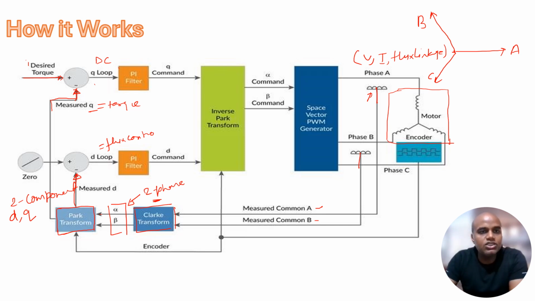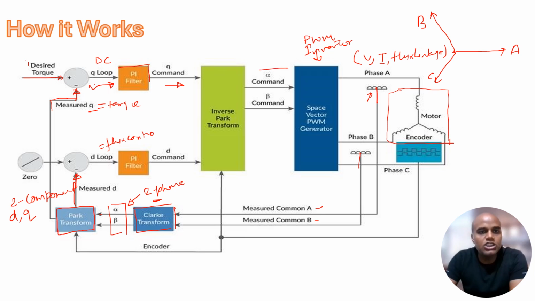The error produced by this comparator goes into my PI controller, which further gives the command. If I have to give this command to the PWM inverter, then before giving it to the inverter, it needs to be converted again into the alpha and beta frame.